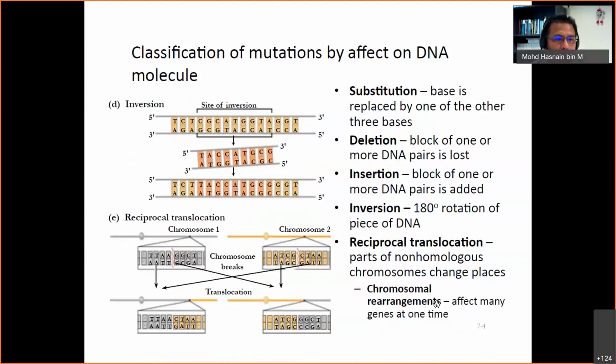Chromosomal rearrangement affects many genes at one time because, as I mentioned before, a chromosome can have many different genes on that particular segment. So that will affect many genes. All right. So you can have inversion, you can have reciprocal translocation in which chromosome breaks and reattaches at another place.